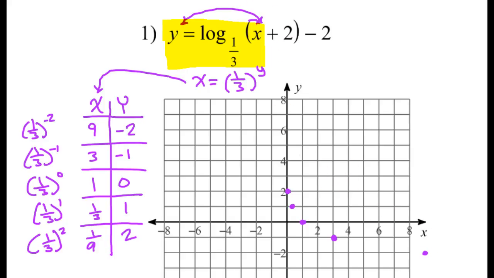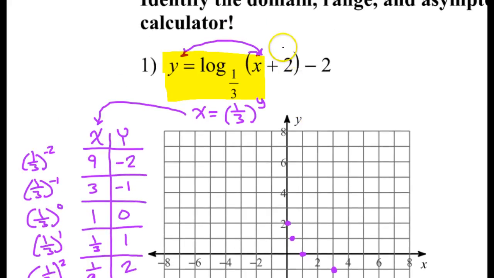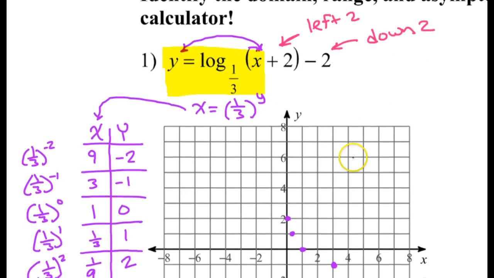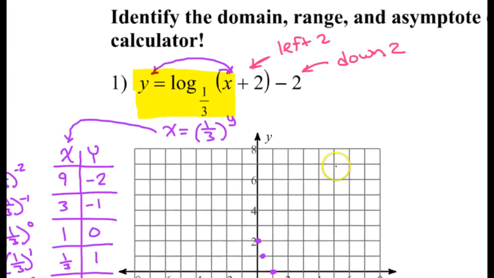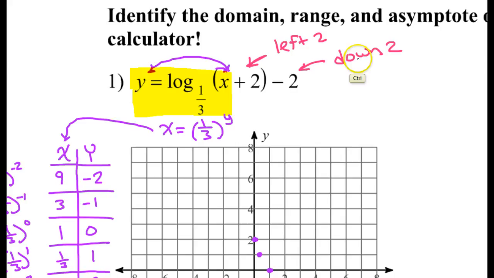But the real function has the following transformations. The +2 on the inside is actually to the left by 2. And this -2 on the end means the graph will be shifted down 2. So I'm going to move each of these 5 points left 2 and down 2.